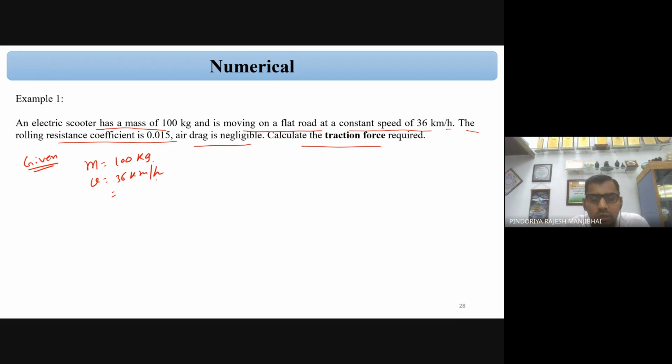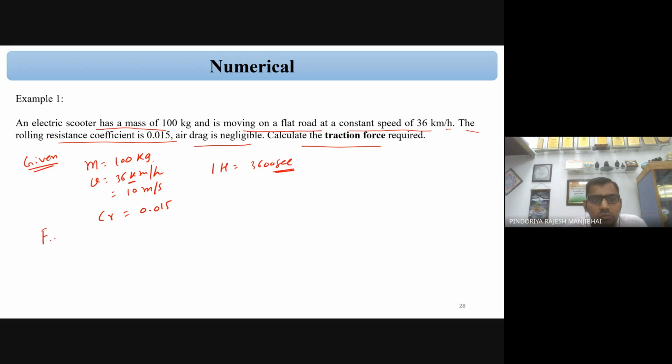Kilometer is 10 raised to power 3 meters, and 1 hour is equal to 3600 seconds. So 36,000 divided by 3600 gives 10 meter per second. The rolling resistance coefficient is given, 0.015. Air drag we can neglect, so calculate the traction force.